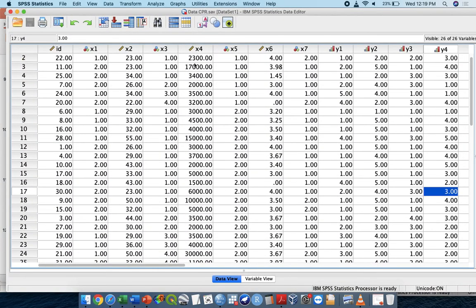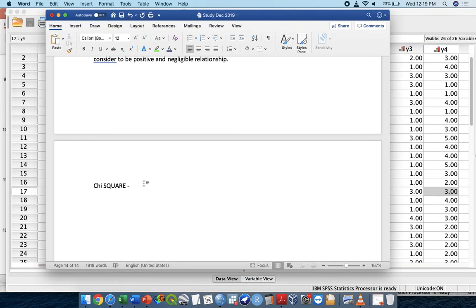Correct or not? Let's say we want to know whether the distribution of male and female are similar or not similar. How to do that? Let me repeat. Let's say we want to know whether the distribution of male and female are similar or not. So we talk about the goodness of fit. We are talking about goodness of fit, testing the differences of proportion or rates.